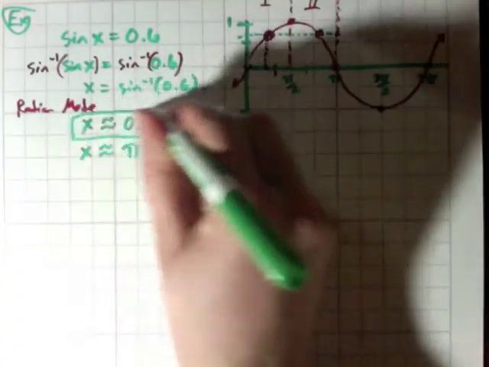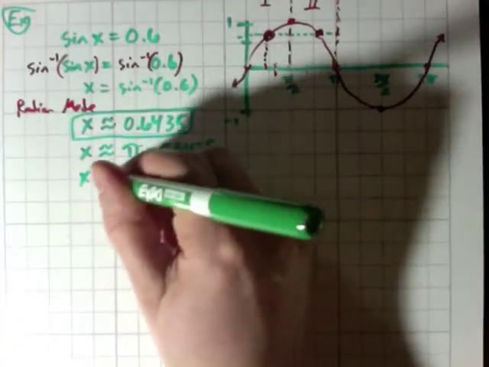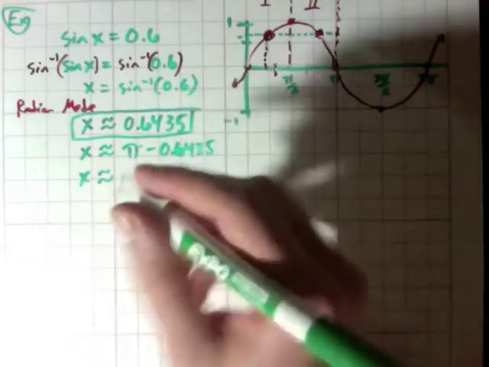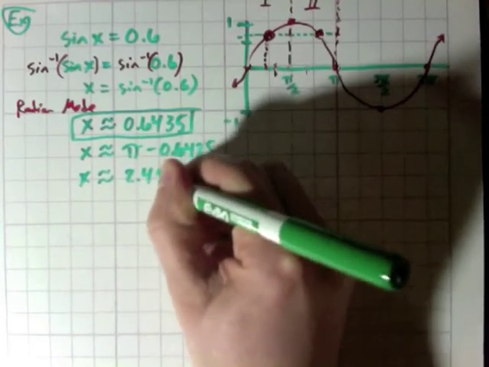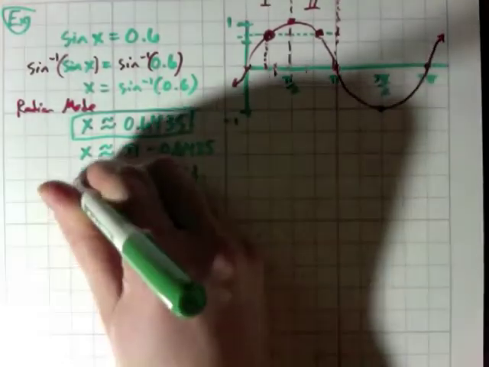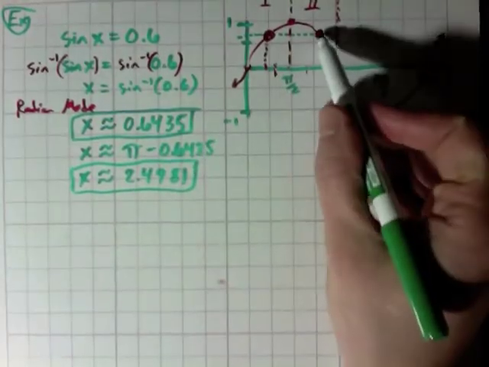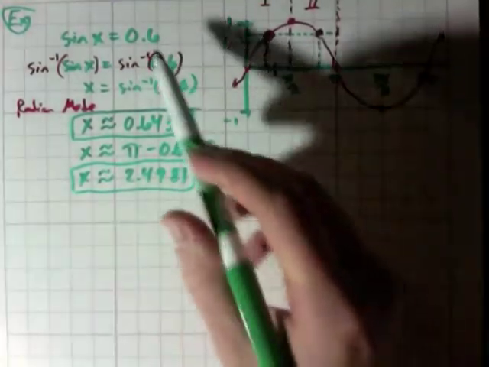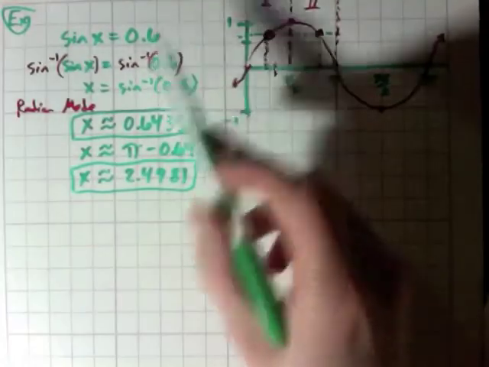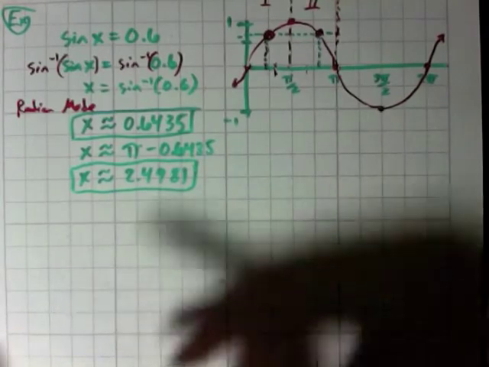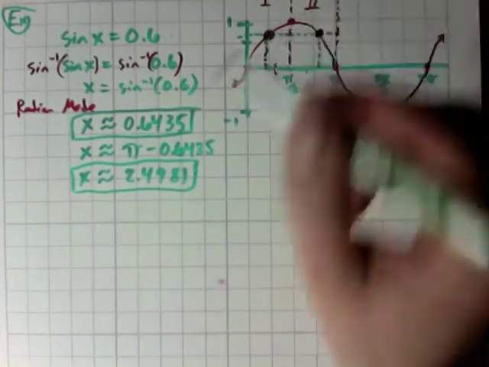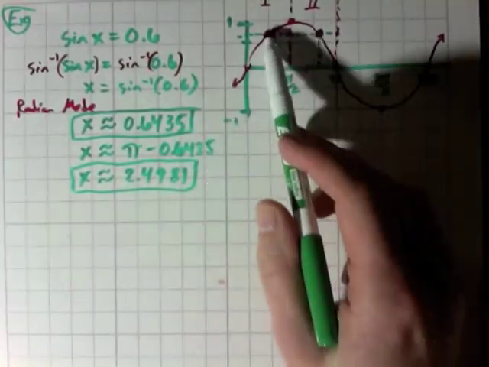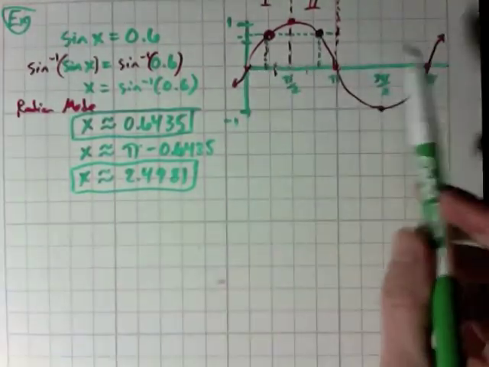So let's see, this is one of our solutions, and I would get x is approximately 2.4981 as being the other angle where we have that 0.6 as a height occurring, or that 0.6 being the ratio of the opposite to the hypotenuse on our unit circle. Alright, but those are only these two particular values, the two significant radian angles where sine happens to be that, where it occurs within one period of sine.